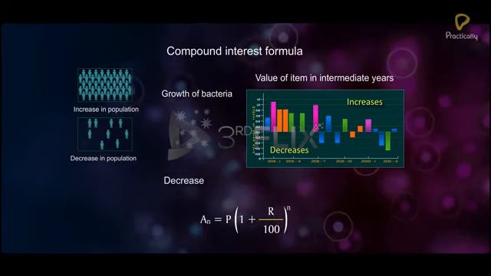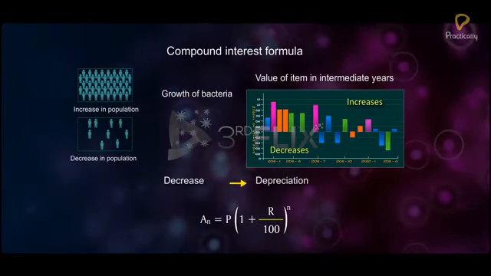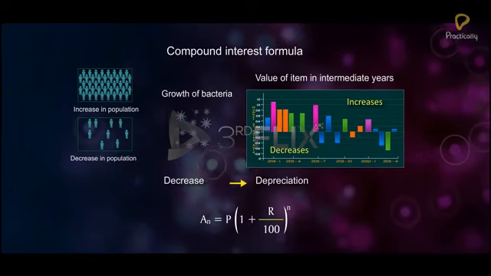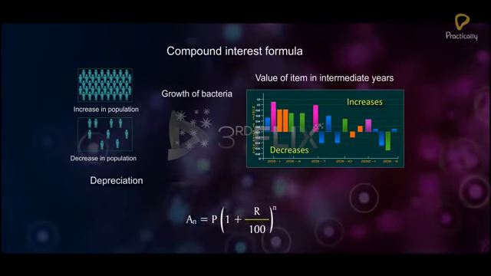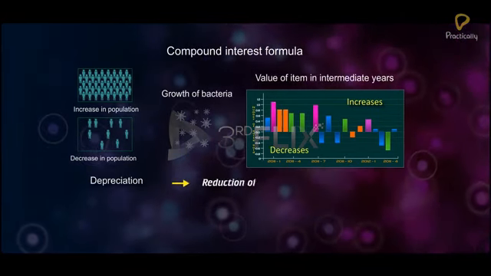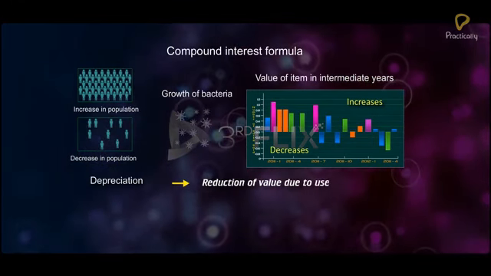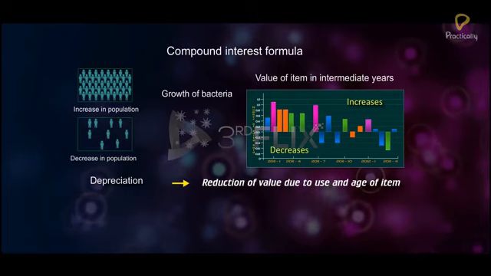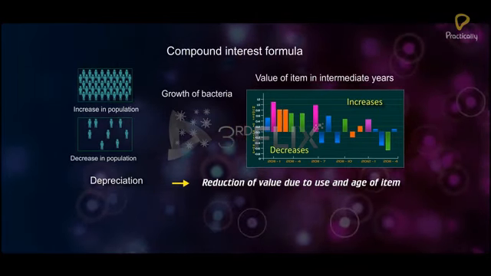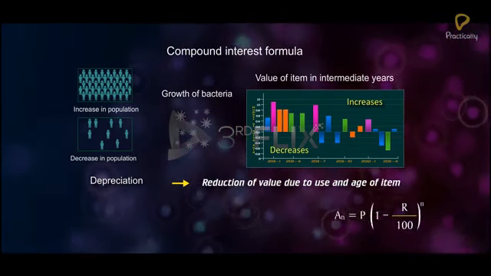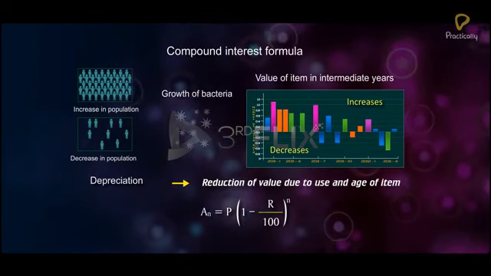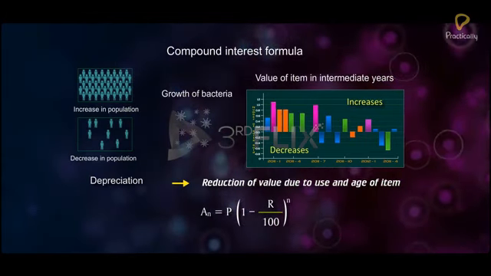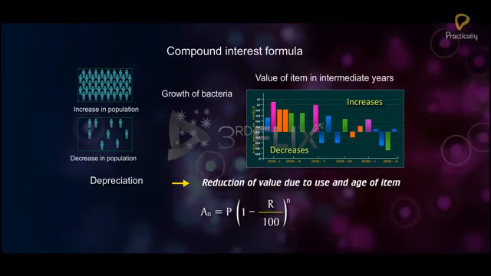Here, decrease represents depreciation. Depreciation is defined as a reduction of value due to use and age of an item. Then, the amount can be calculated as AN is equal to P into (1 minus R by 100) whole power N.